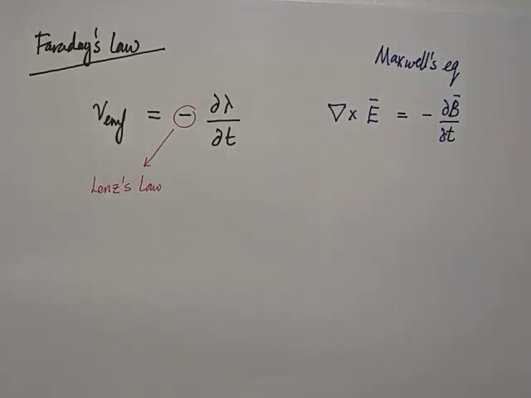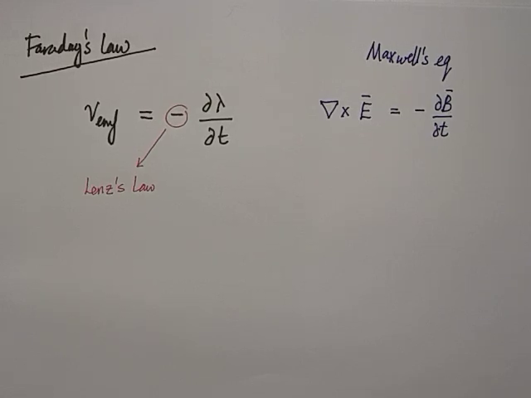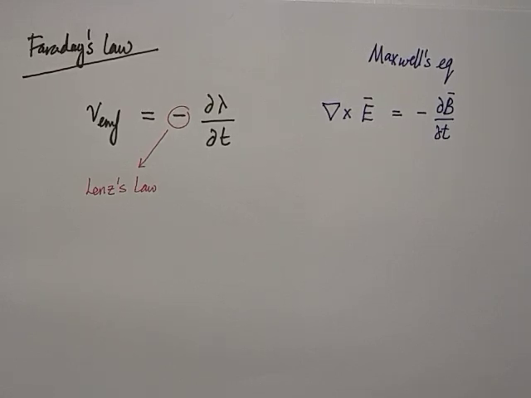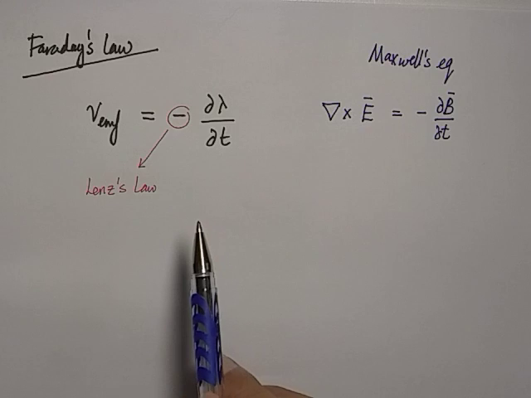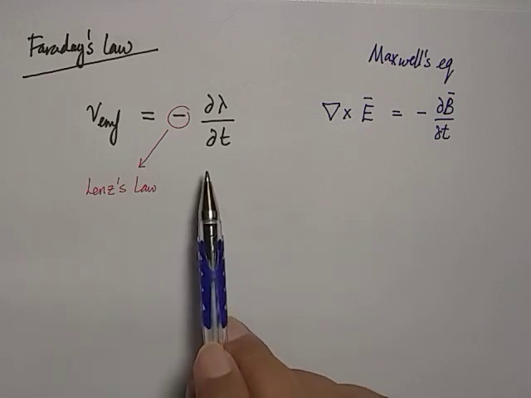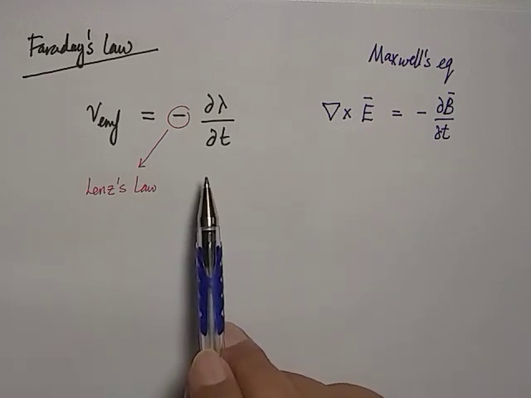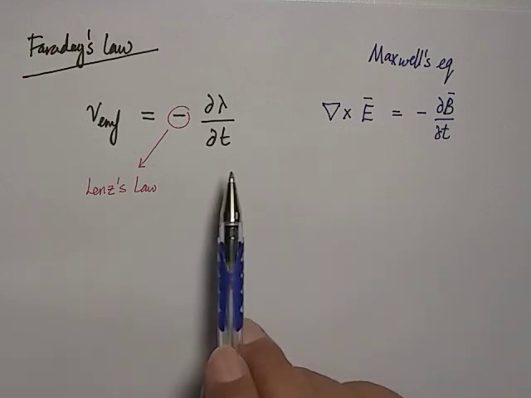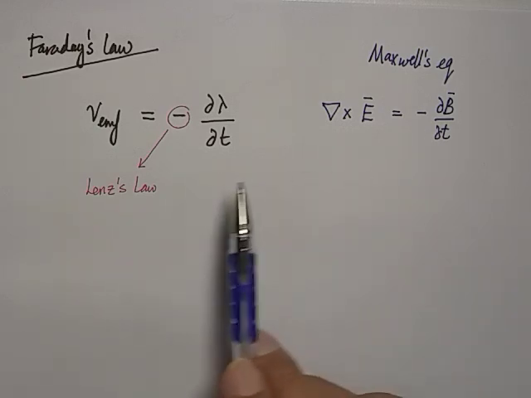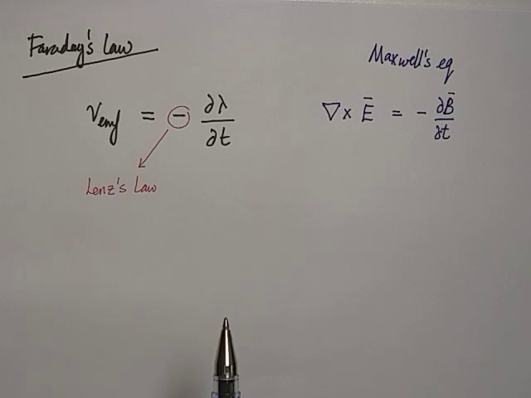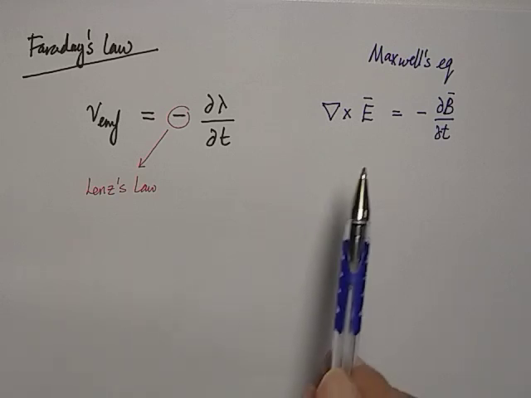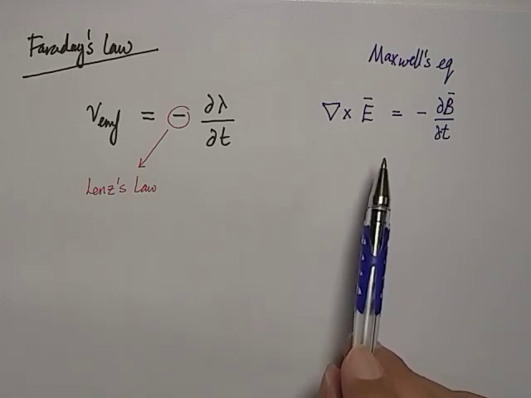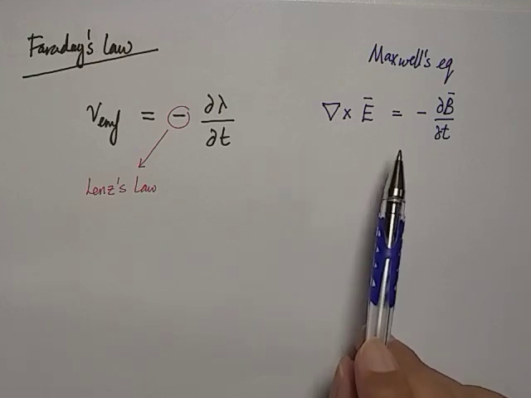Actually, Maxwell's equation is another form of what was equated by Faraday. So the question now is, how are these two equations interrelated? That's what I'm going to explain, how Maxwell finalized this equation of Faraday.